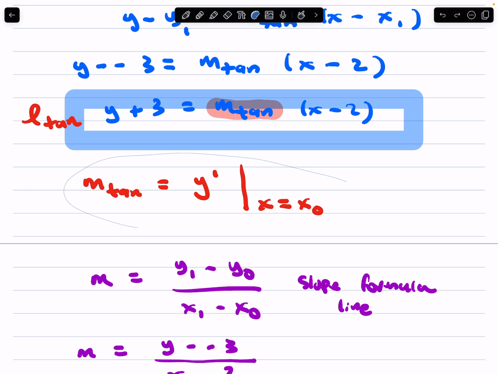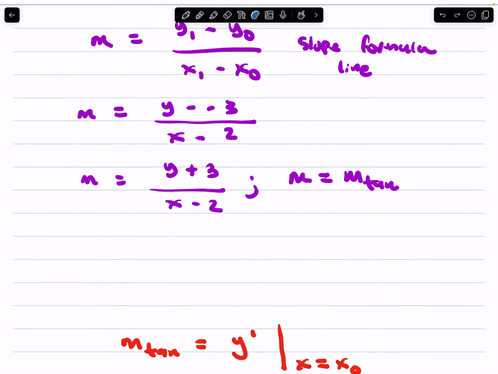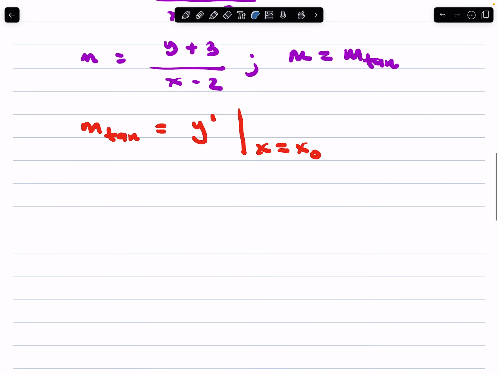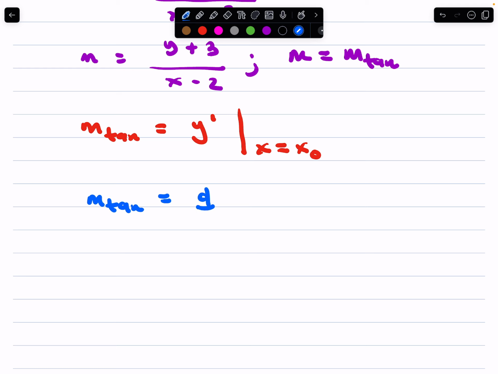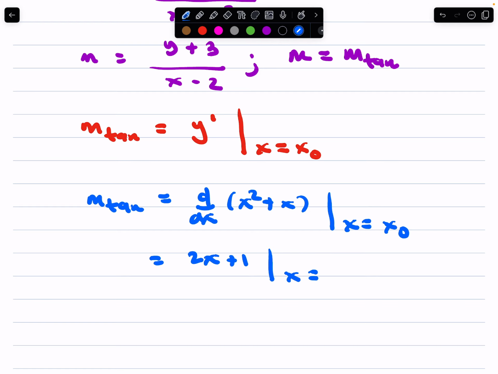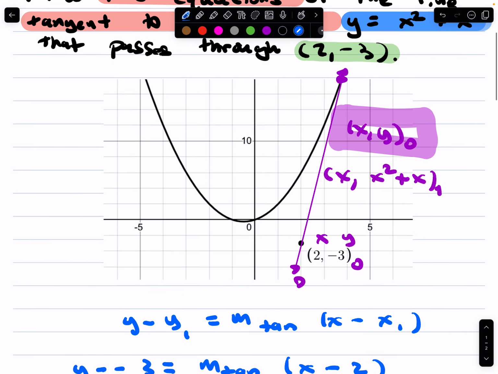We're going to remember that if we want that slope to be m tangent, and we do, we're going to take the derivative of y. So that m tangent becomes the derivative of y, which is the x squared plus x, evaluated at that point on the curve. This becomes 2x plus 1, evaluated at that point on the curve. That gives you m tangent.